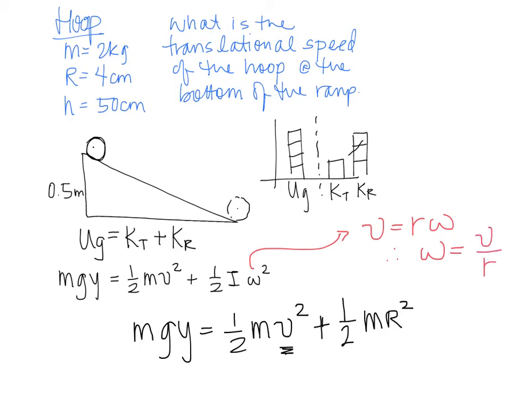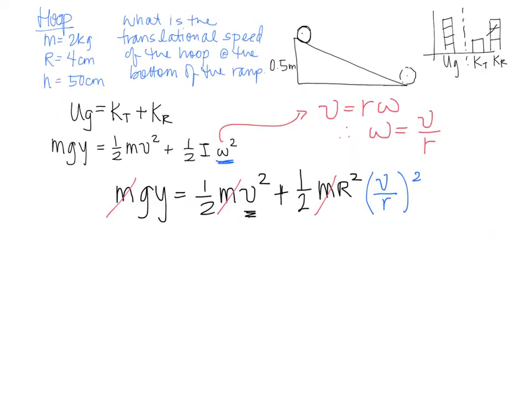So I can make a substitution here, and it should be v over r, but all squared because this omega is squared. So now we can actually go back here and divide out by m now that we have taken into account this moment of inertia. So now let's see what we can do.